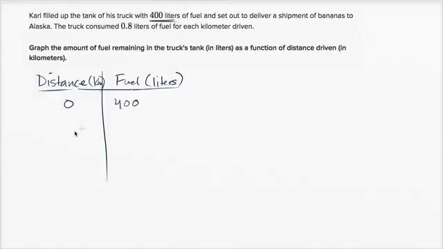And we've already plotted that. But then we said, what happens at 100 kilometers? At 100 kilometers, how much fuel will he have? They tell us that he consumes 0.8 liters of fuel for each kilometer. So 0.8 liters per kilometer, and then we just multiply that times the number of kilometers, so times 100 kilometers.